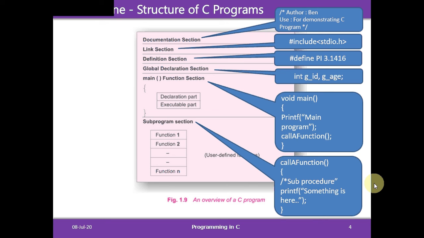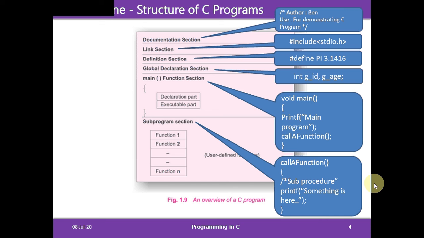In the next section, the definition section, it is mainly used for defining the constants in the programming language. Hash define is a keyword that is used for defining a constant, and PI is a constant. It is actually a constant variable. The value of PI is 3.1416.